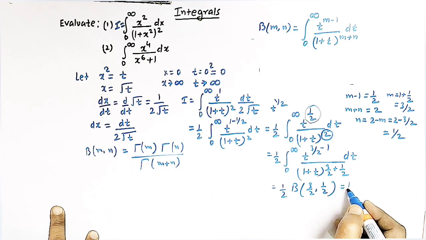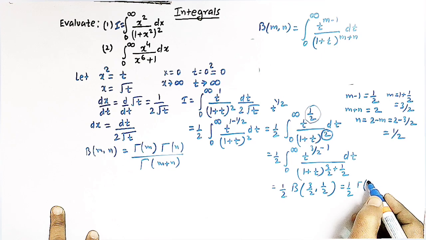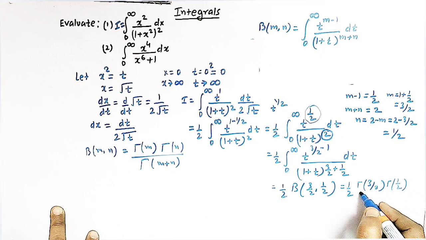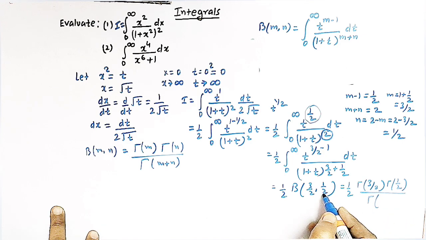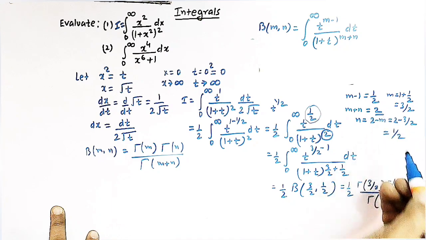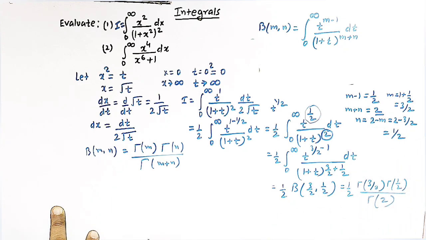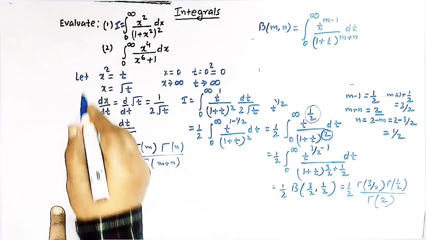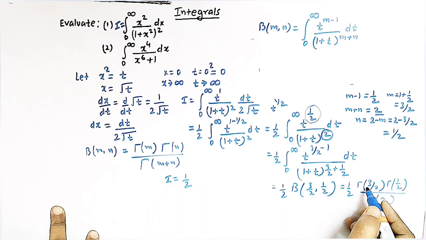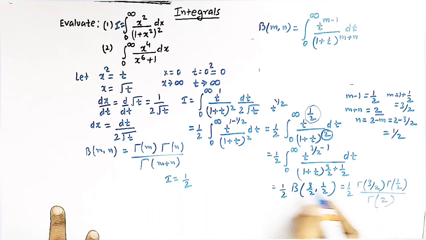So here we have half, we can write gamma 3 by 2, then we have gamma half, and here we have gamma 3 by 2 plus half, that is m plus n, and m plus n is 2, so here we can write 2. So now the integral I is equal to half and gamma 3 by 2.